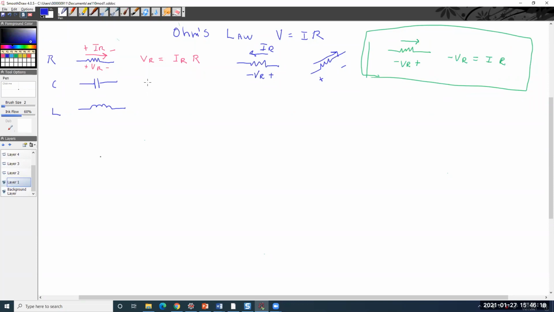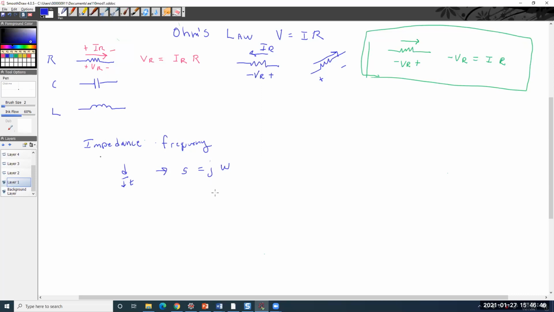All right. Now, there's something called impedance. And it's in the frequency domain. And we convert things like d/dt derivatives into something called S, which happens to equal j omega.